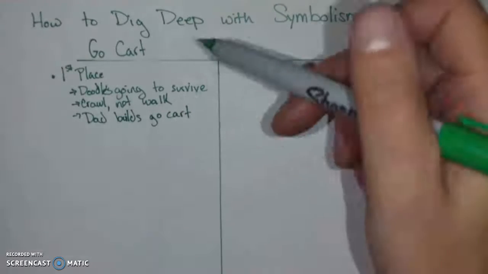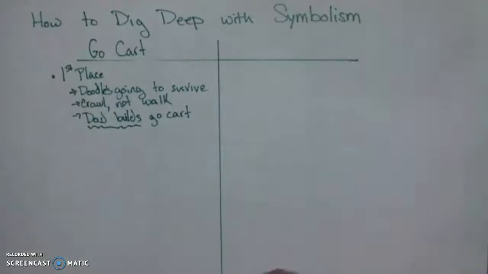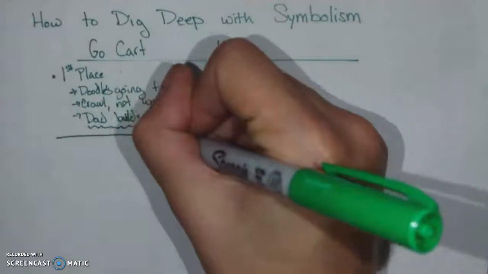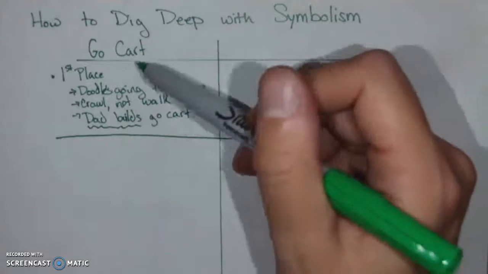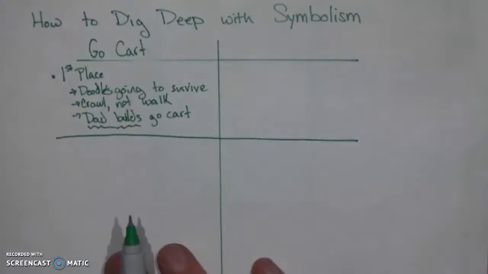Now, this is the first place it's really talked about. And if you're ever told who builds it, that can often have a big impact on its meaning. So I have my first instance and a little bit of even the before, because a little bit of the before can give me an idea as to the go-kart's role in this. And then I'm going to go through chronologically until it's done.